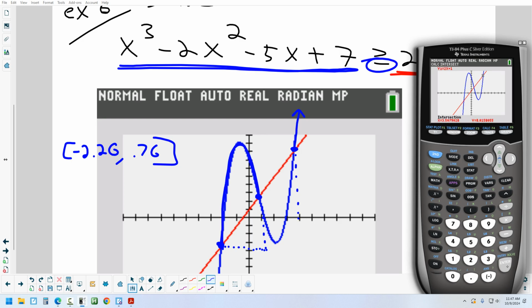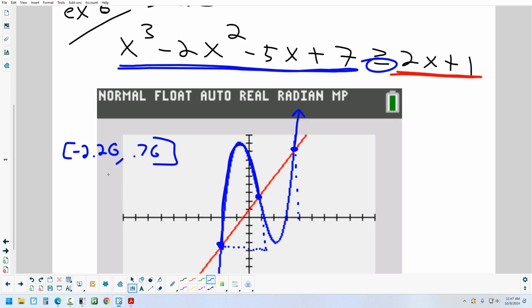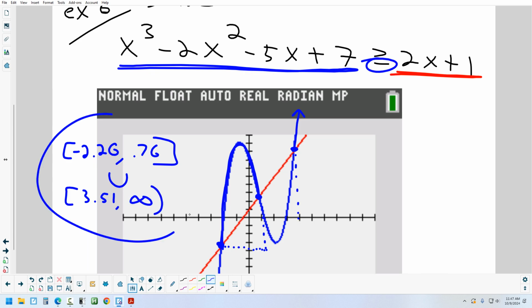So about 3.51. Or anything that's 3.51 and going on forever, because the blue is going to be a lot steeper than the red, because it's a cubic and the red one is a straight line. So that's how you'd solve an inequality where you can't do a sign pattern.